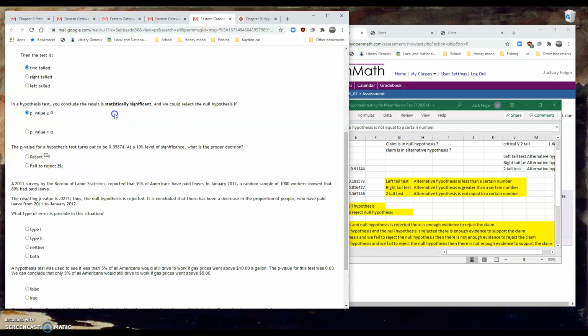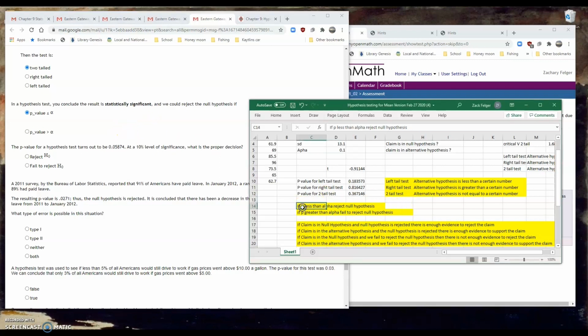Now moving on, in a hypothesis test, you conclude the result is statistically significant, and we could reject the null hypothesis if, and again there's notes in the spreadsheet that can help you out with this, if P is less than alpha, you can reject the null hypothesis. But if P is greater than alpha, you fail to reject the null hypothesis.